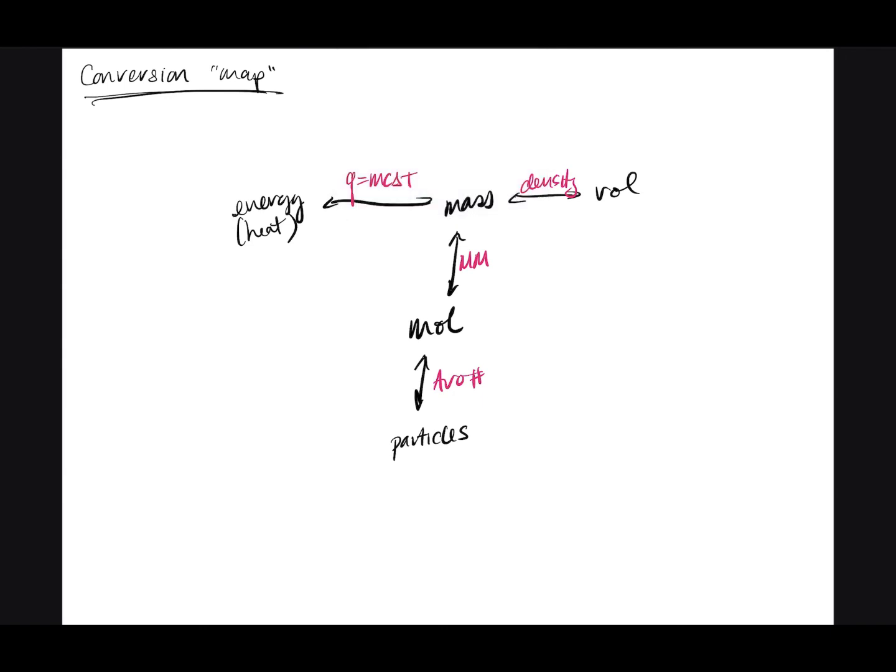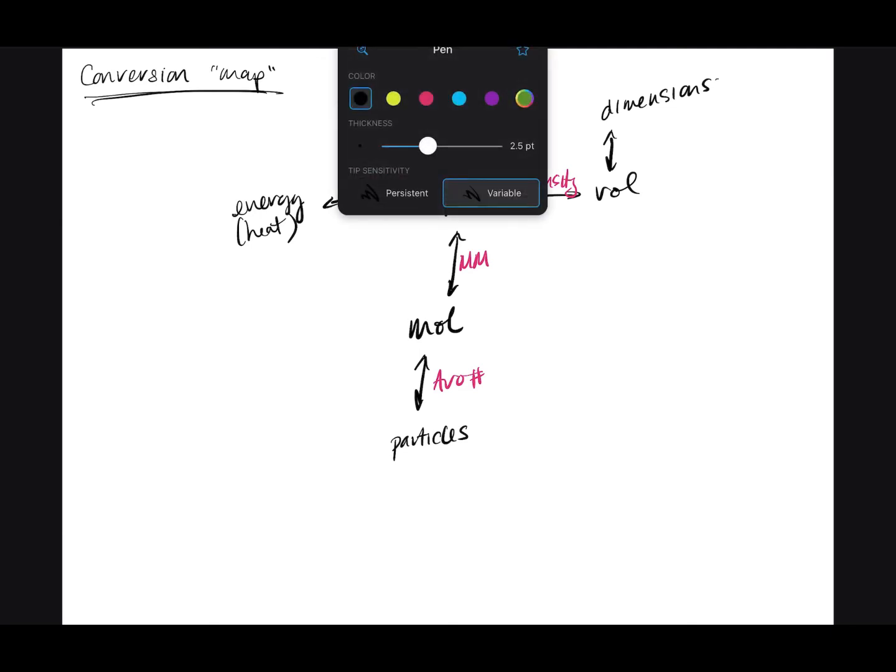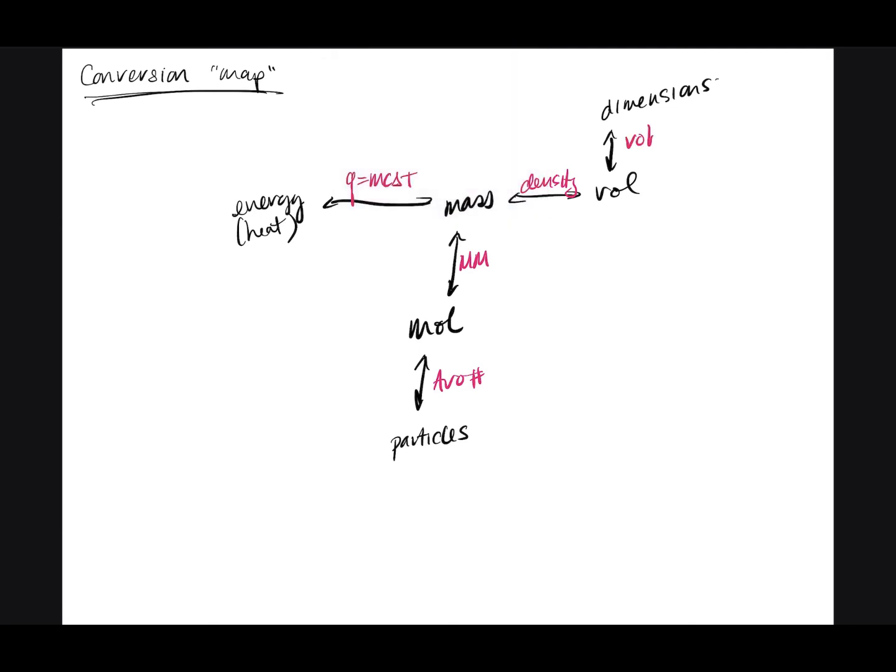What else have we done? We can actually get from volume to, what is it called? Dimensions, where dimensions would be like the length of a side or the radius of something. We can do that using our volume equations that you guys know, like the volume of a cube is length cubed, or the volume of a sphere is V equals 4/3 pi r cubed, etc. So anyway, these are all the conversions we know to date.